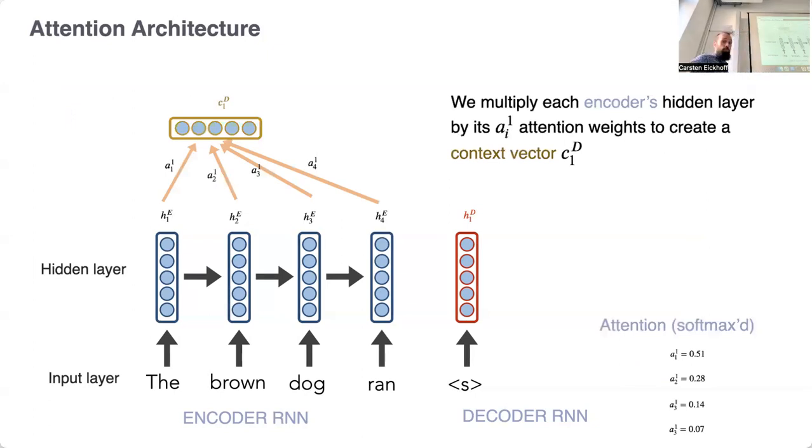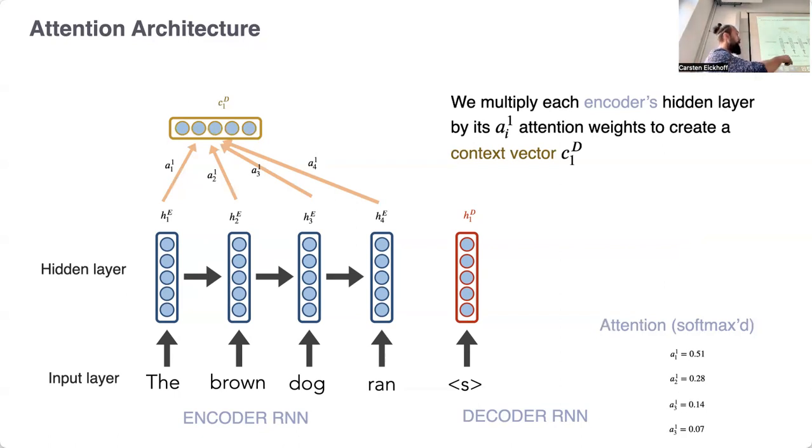And now what I'm going to do is use all of these and these attention weights that I learned in this way to form what we'll call a context vector. And this context vector depends on this, right? Remember, I used the current state of my decoder.